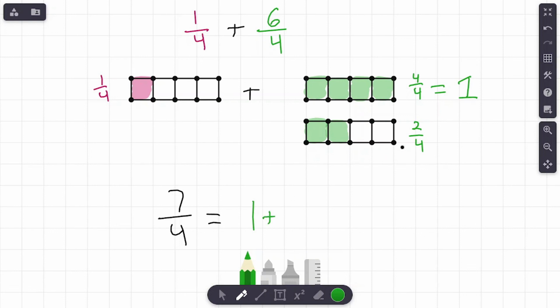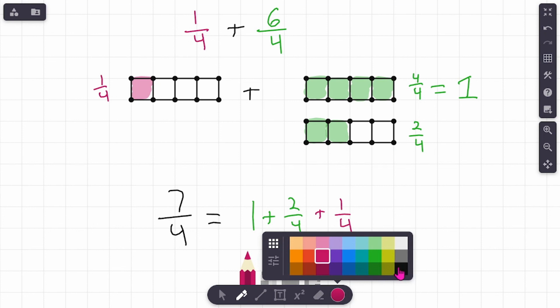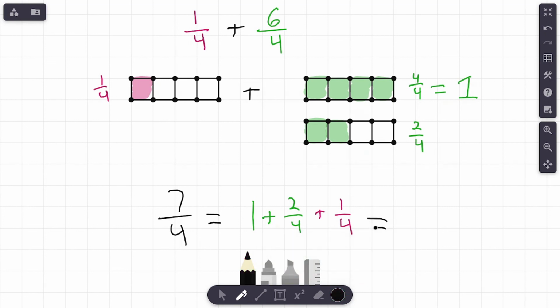We've got 2/4. And then we've got 1/4 in our pink over here. If we add all of this up, add your whole number. We've only got the 1, so that's 1 plus 2/4 plus 1/4, and we get 1 3/4.